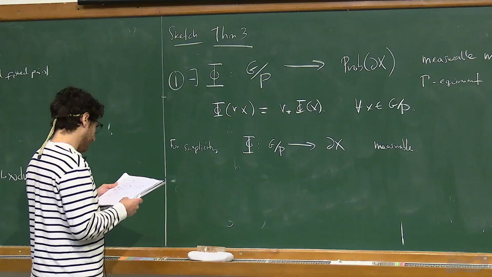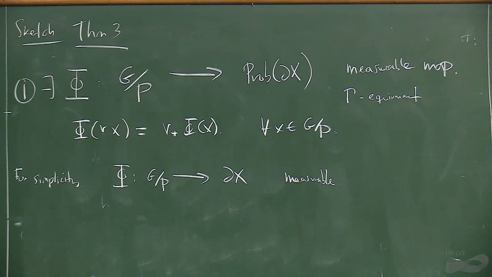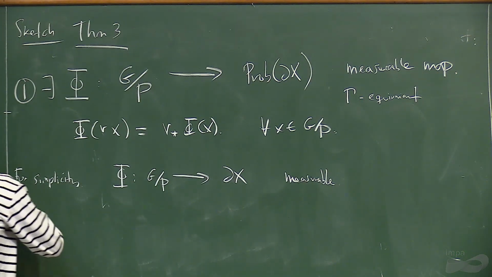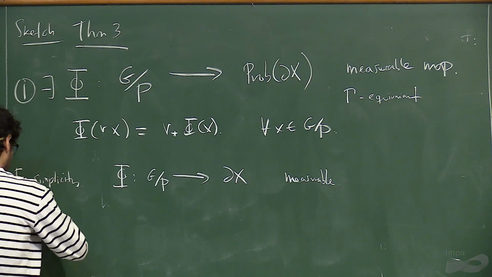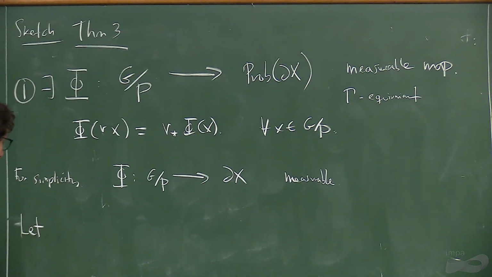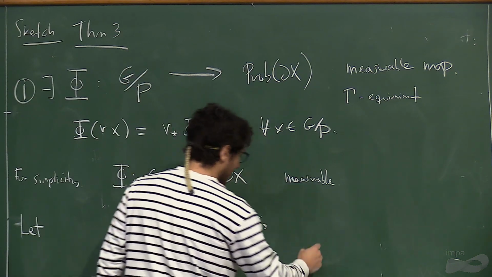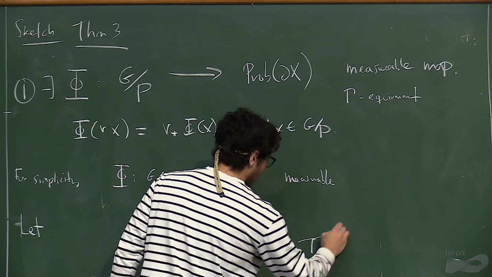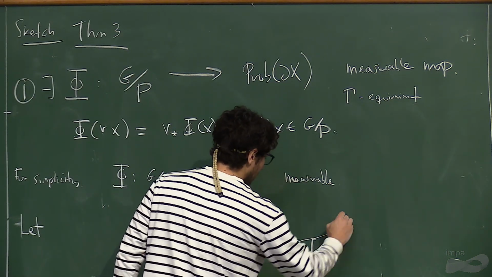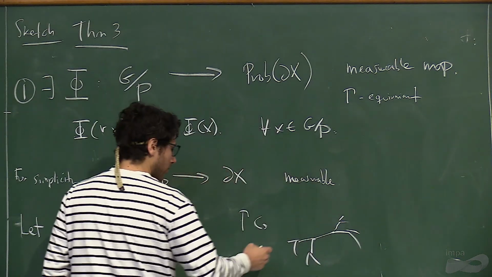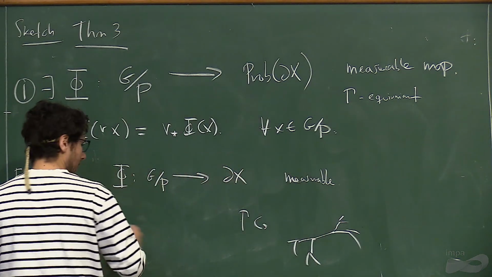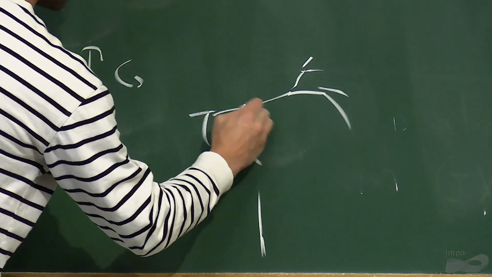I'm going to take some finite index subgroups. We have gamma acting on the tree, or the building, and gamma 0 was stabilizing this point.